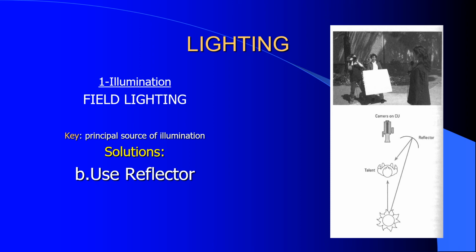But what you do is you position the camera and the person so that the sun is behind the subject, and then put the reflector in front of the person, and then the reflector reflects the sunlight back into the front of the person, illuminating the subject. And then the sun itself acts as kind of a backlight.